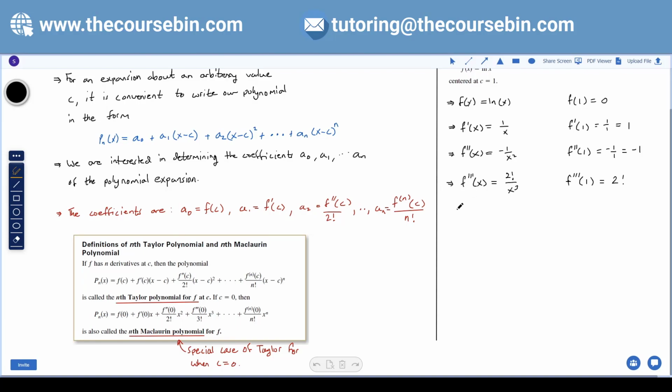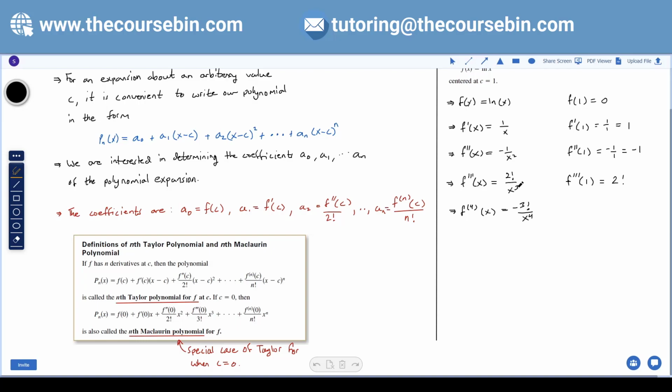Right, and then we can take the 4th derivative here. Alright, so this here is 2 factorial times x to the negative 3. Right? If we take the derivative, that gives us negative 3 factorial over x to the power of 4. Right?